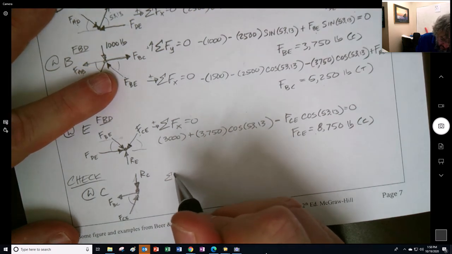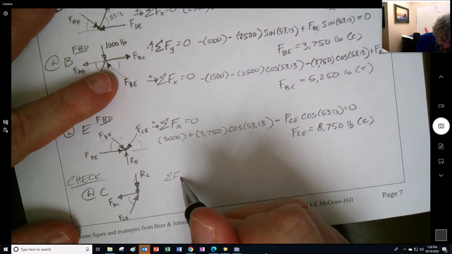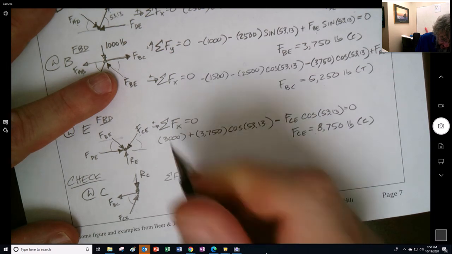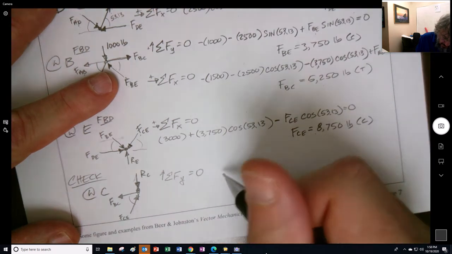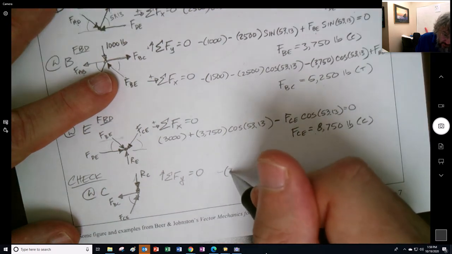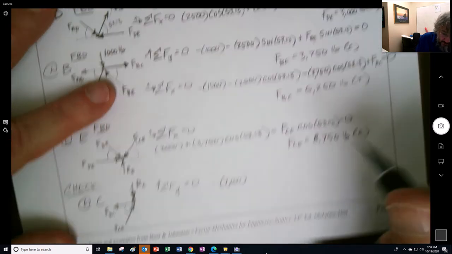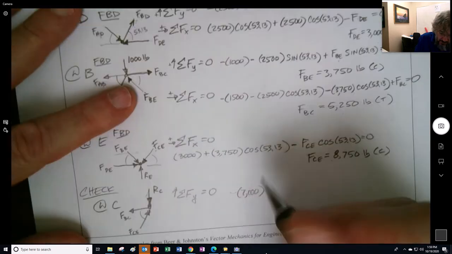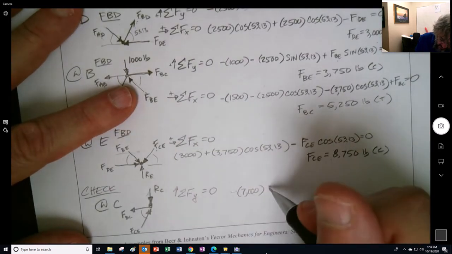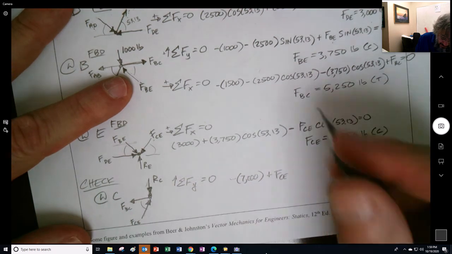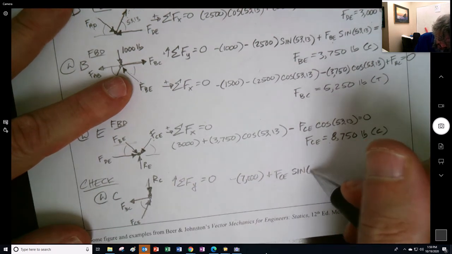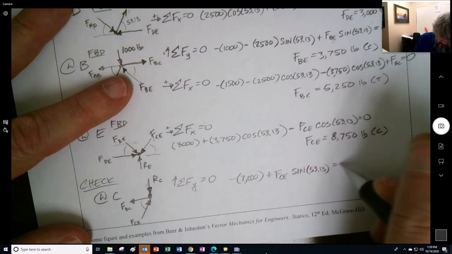So let's see, the sum of the forces in the y direction. So we have a negative 7,000. That's what I found from way up here. A negative 7,000, and then we're going to have FCE times the sine of 53.13. And let me take that right here.